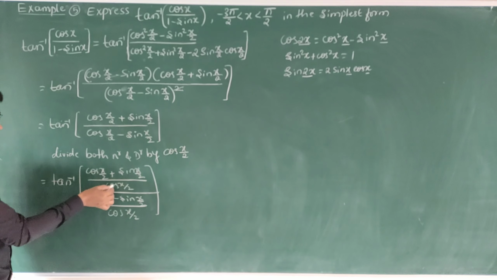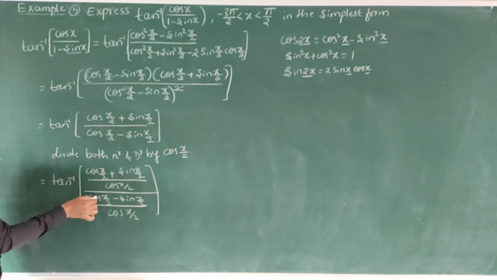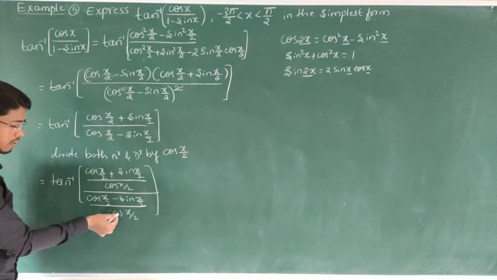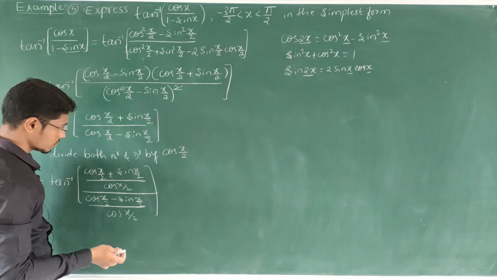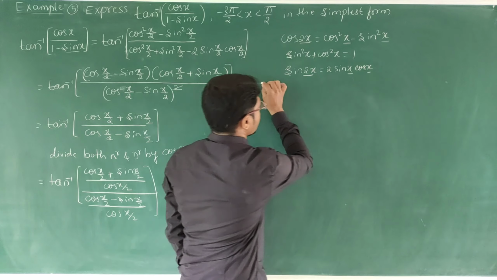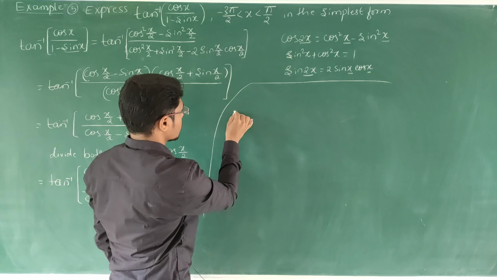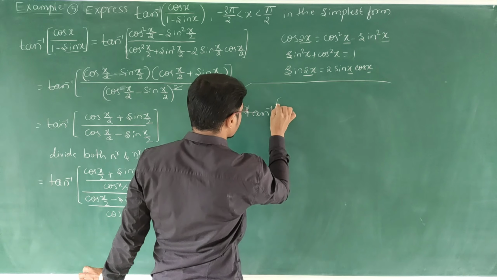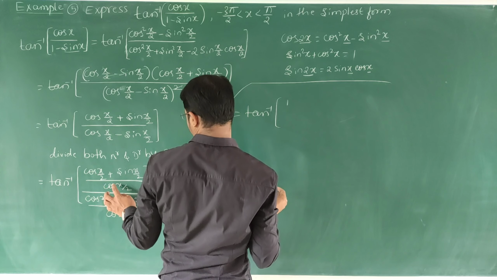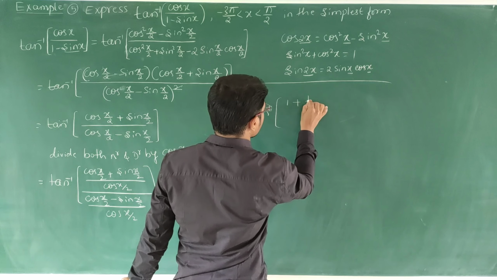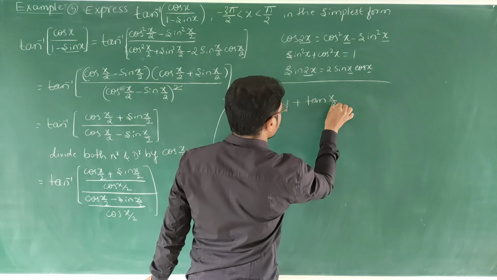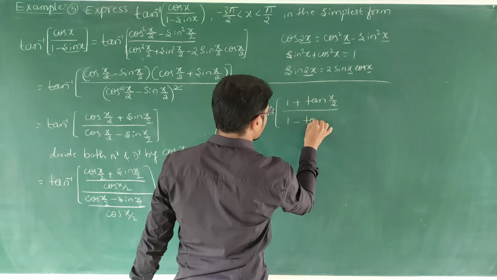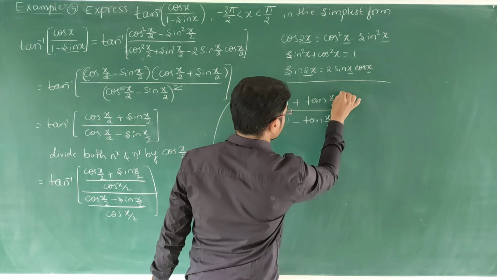So this is equal to, see, it will divide both the terms. Cos by cos is 1, sin by cos is tan. Cos by cos is 1, sin by cos is tan, is equal to tan inverse of, so this is numerator, cos by cos is 1, sin by cos is tan, 1 plus tan x by 2 divided by, cos by cos is 1, minus sin by cos is tan x by 2.